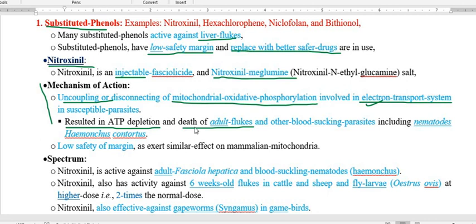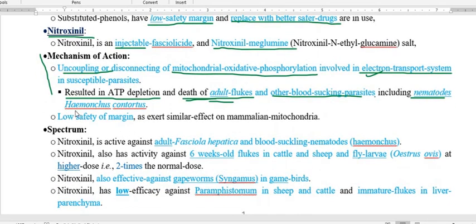And this nitroxynil particularly produces death in adult fluke. So this is important. This drug is used for the adult fluke as well as other blood-sucking nematodes, for example Haemonchus contortus.